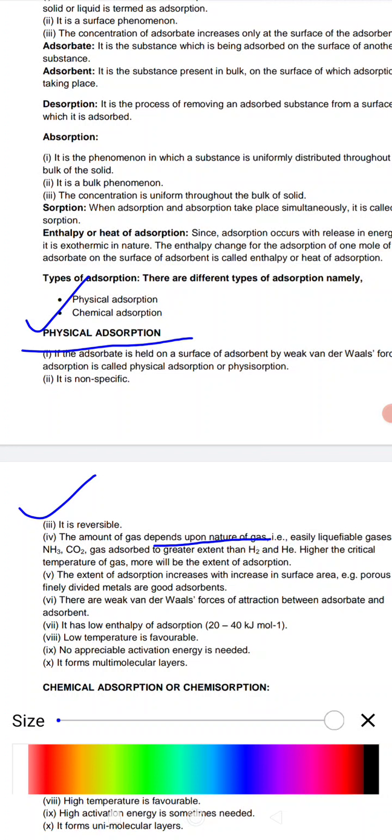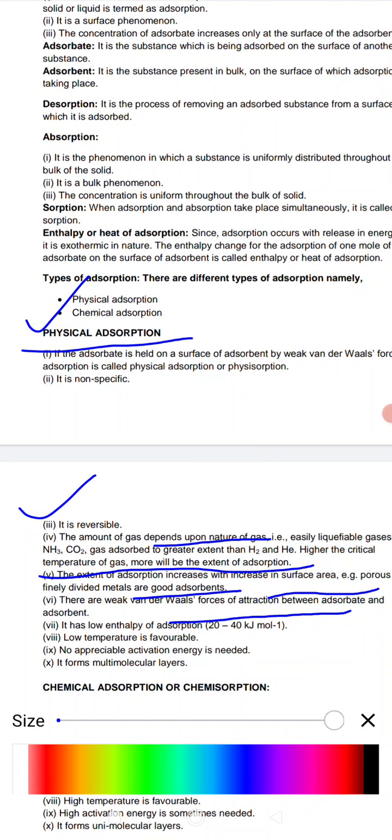Easily liquefiable gases like ammonia and carbon dioxide adsorb to a greater extent than hydrogen and helium. The higher the critical temperature of the gas, the greater the extent of adsorption. The extent of adsorption increases with the increase in surface area, that is, porous and finely divided metals are good adsorbents. There are weak van der Waals forces of attraction between the adsorbate and the adsorbent.